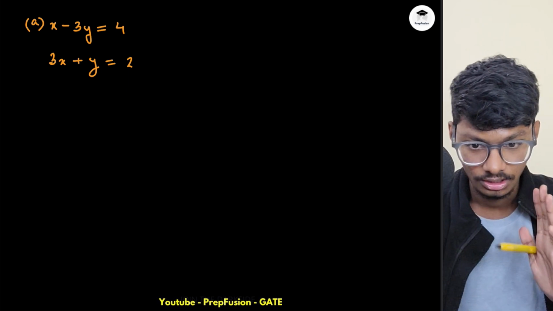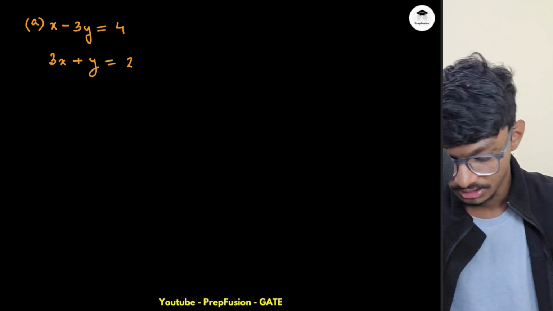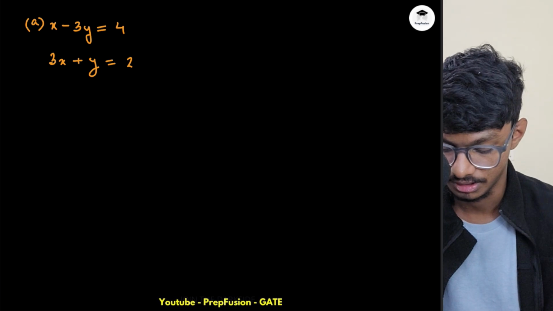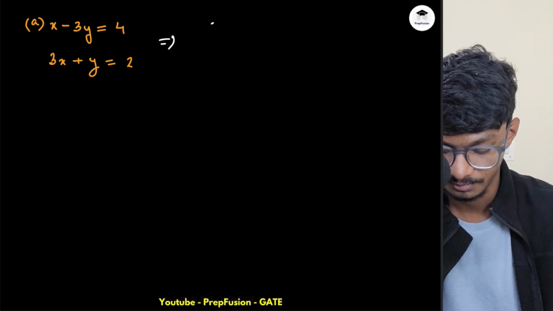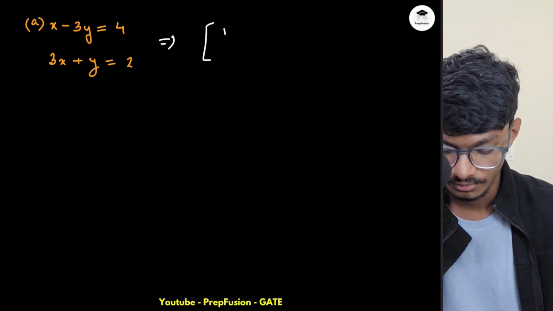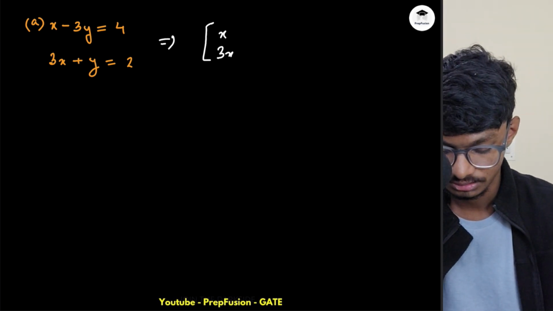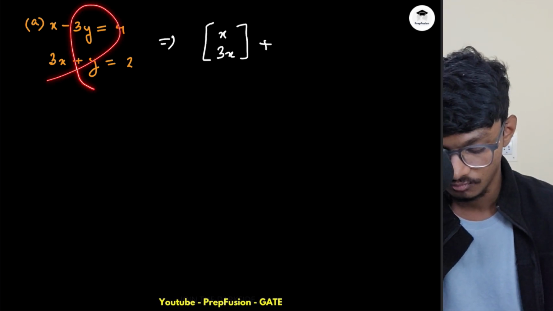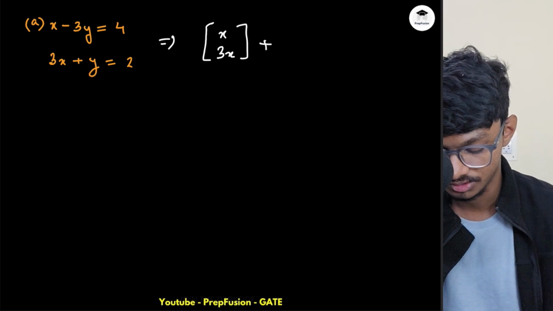Basically, the coefficient of x is 1 and here it is 3. So how to convert this into vector representation? Simply 1 comma 3.